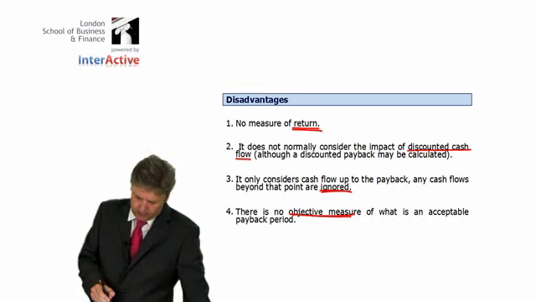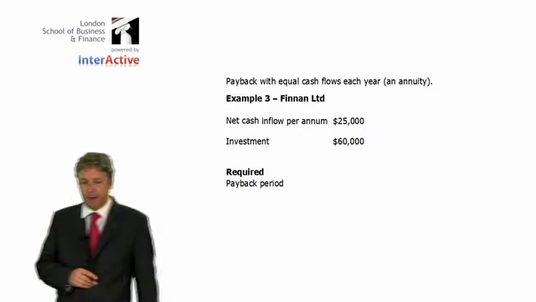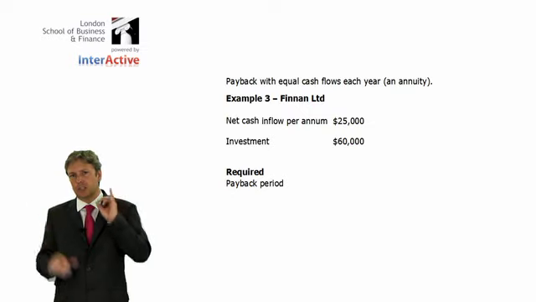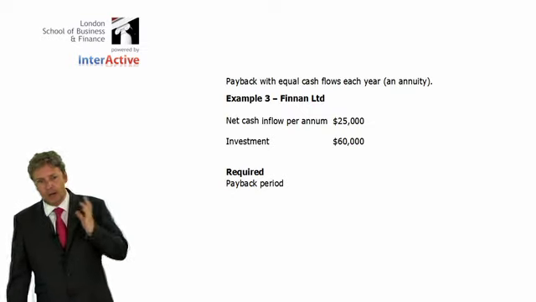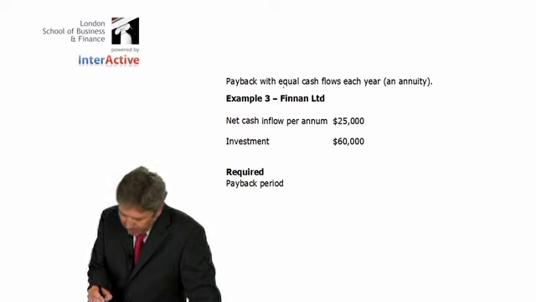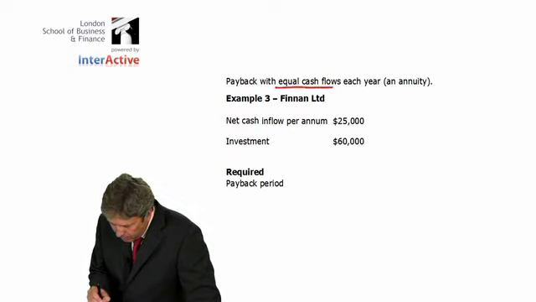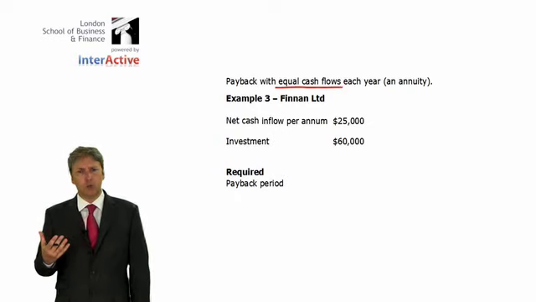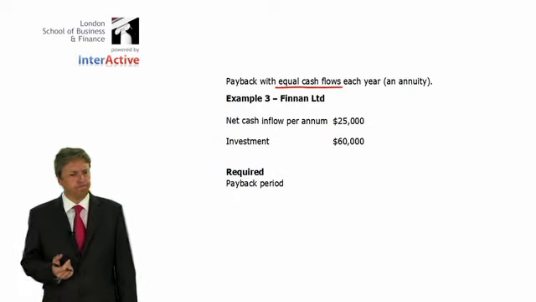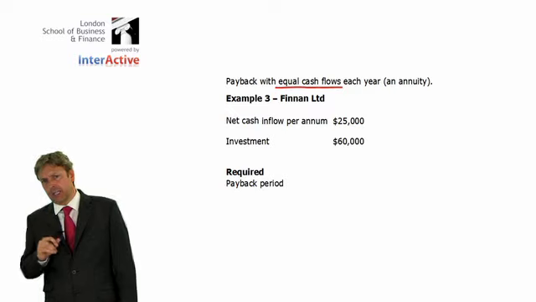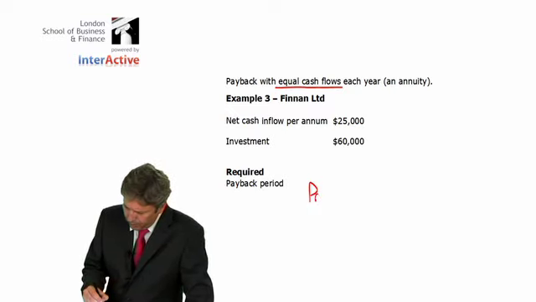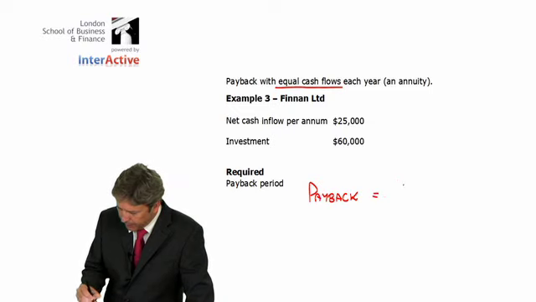Okay. Now, before we leave payback, let's just look at something very simple that may arise. And I just don't want this trick to get away from you. You see, what happens if we have equal cash flows each year? What we will learn to call later on an annuity. If we have equal cash flows each year, like this example, what we can do is calculate payback far more quickly.